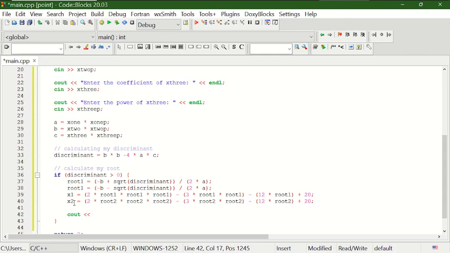Okay, so open and close quotation. So you say root 1, then x is equal to what?